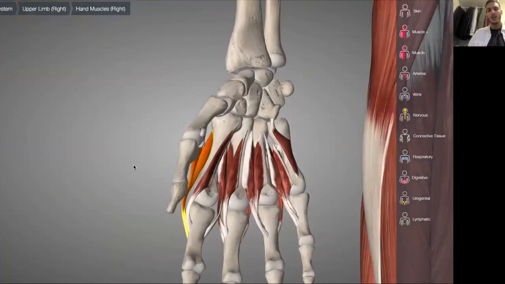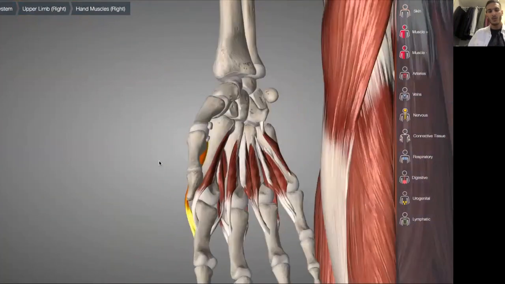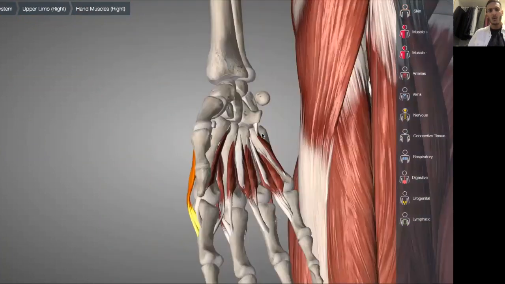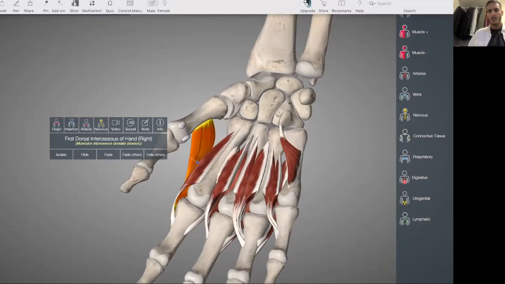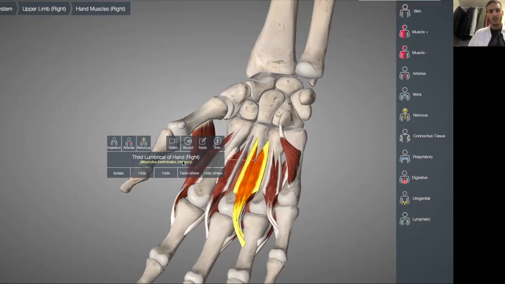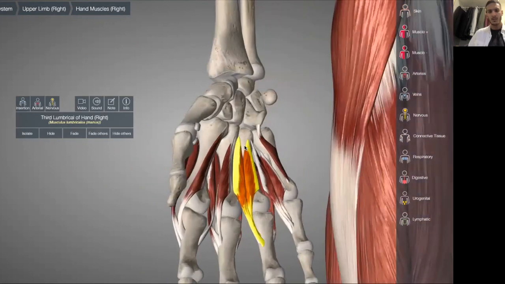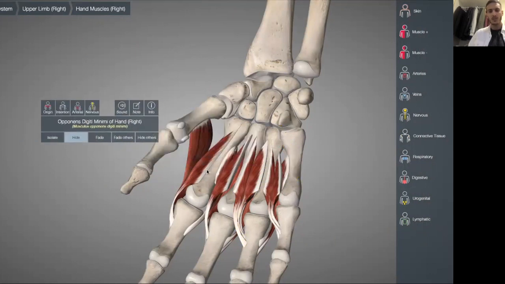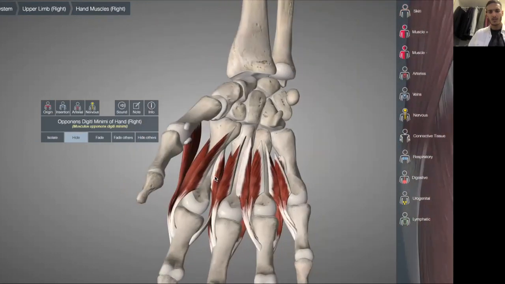So what we're left with are the interosseous muscles and the lumbricals. And this one here, yes, that's the opponens digiti minimi. I'm just trying to get to the interosseous and the lumbricals.